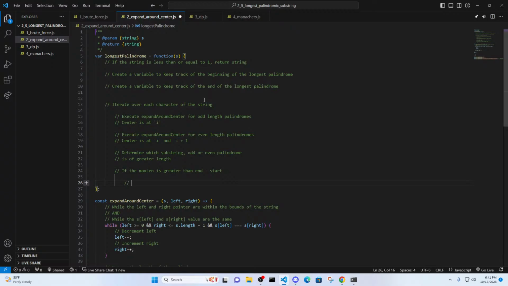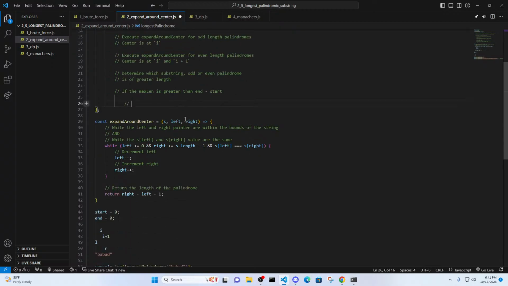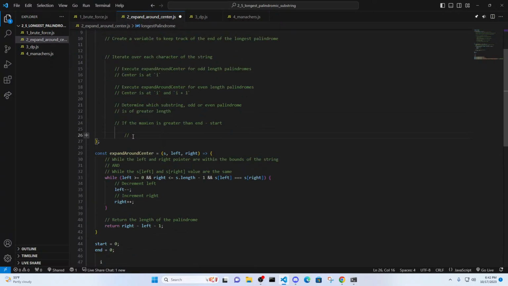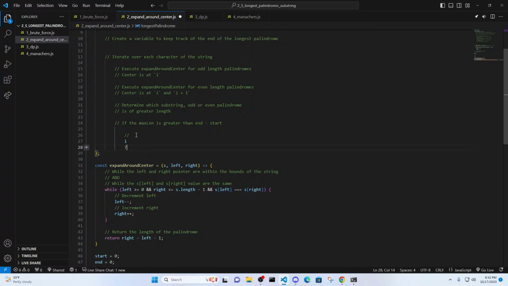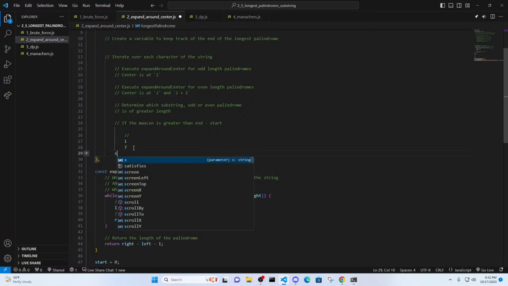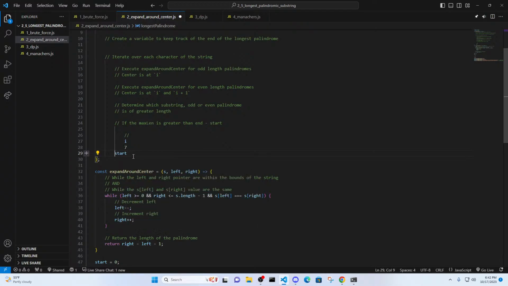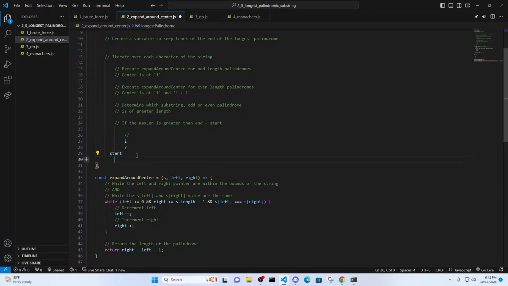So if I is at 10, the center, and we have a length of 7, then for my start I need to start half of 7 before I, and for the end I need to end half of 7 after, since I is our center.